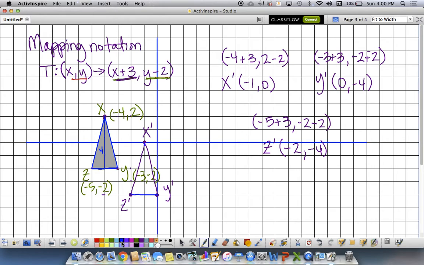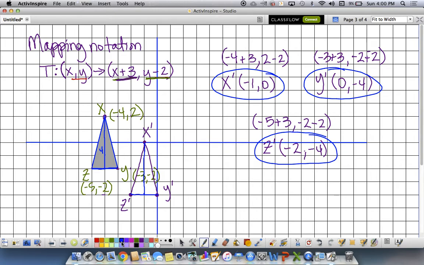Base is 2, height is 1, 2, 3, 4. Is my area 4 also? Yes, it is. Everything works out. Using the mapping notation, I have the coordinates for all 3 translated points. Good job.